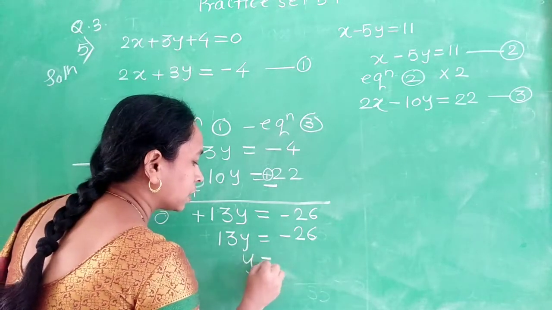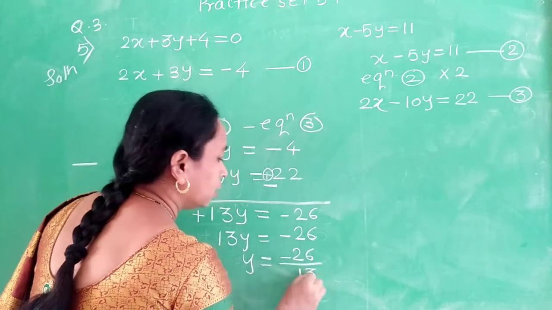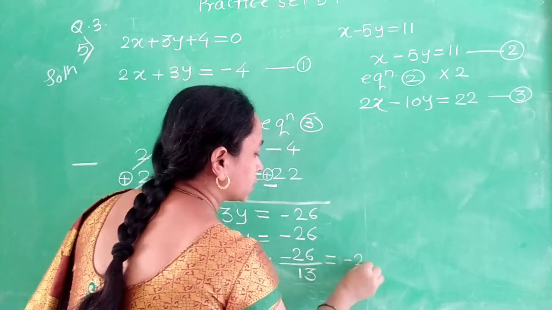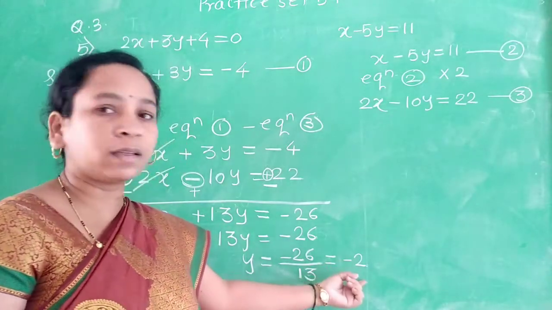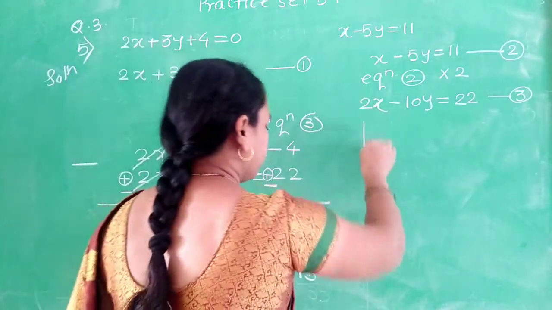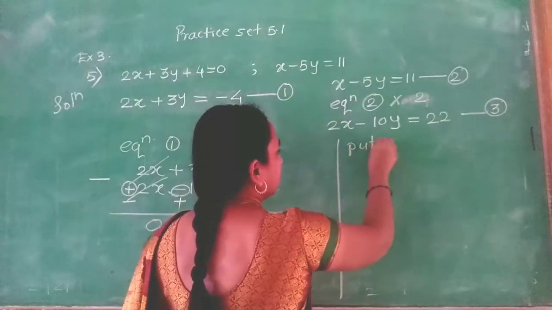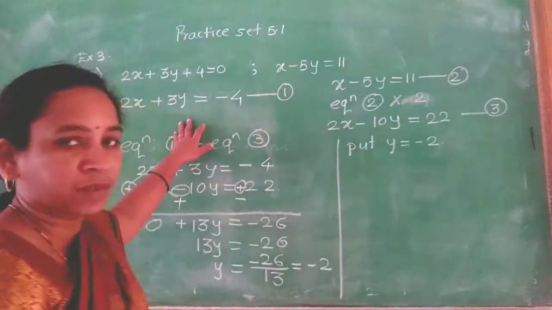So y is equal to minus 26 upon 13. So I will get the answer minus 2. If you divide 26 by 13, you will get the answer 2, and because of the negative sign, it will be minus 2.